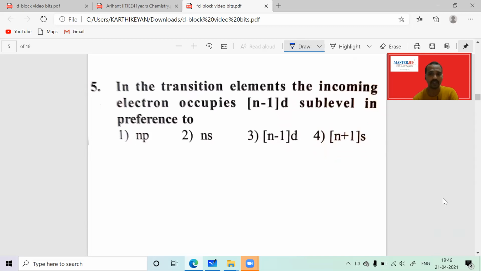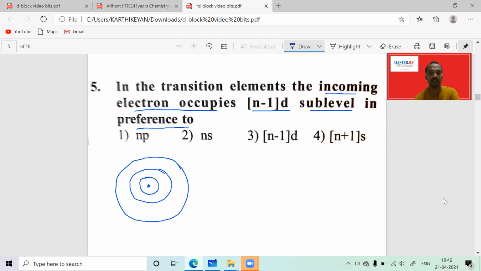Next, let's come to the point. In the transition elements, the incoming electron occupies the n-1d sublevel in preference to what they're asking. For example, this is the ns level. After filling this ns level, the electron should go into the np level.